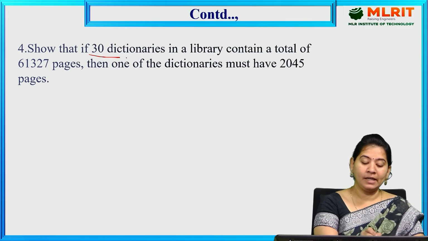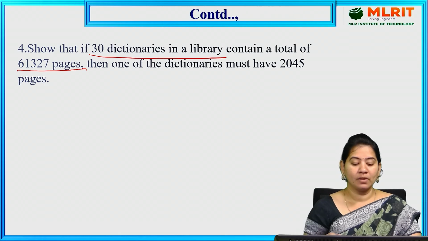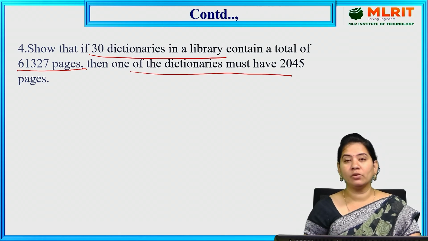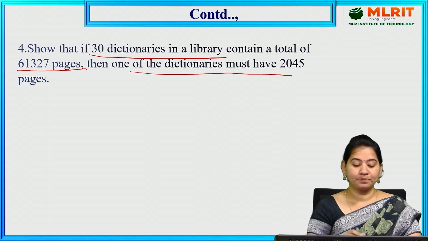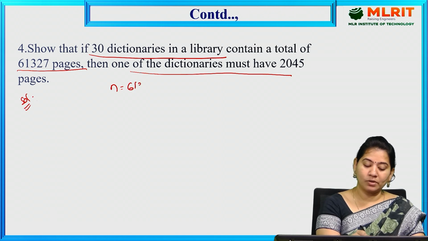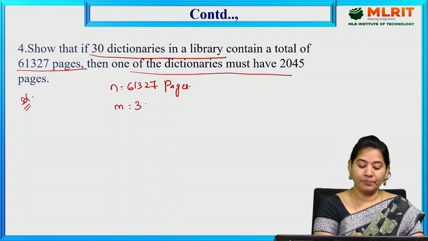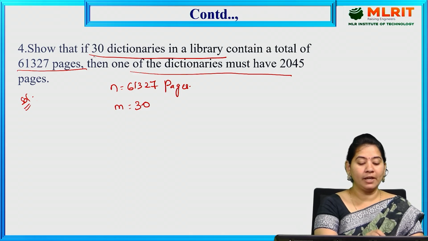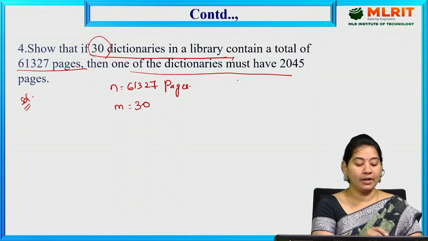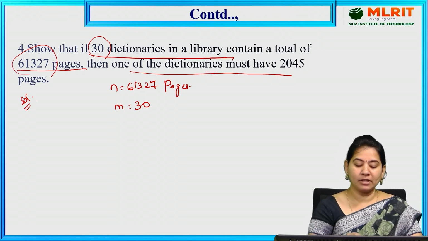Show that if 30 dictionaries in a library contain a total of 61327 pages, then one of the dictionaries must have at least 2045 pages. So obviously n is equal to 61327, the number of pages, and the dictionaries are total 30. So we have 30 dictionaries, and out of the total we have 61327 pages.